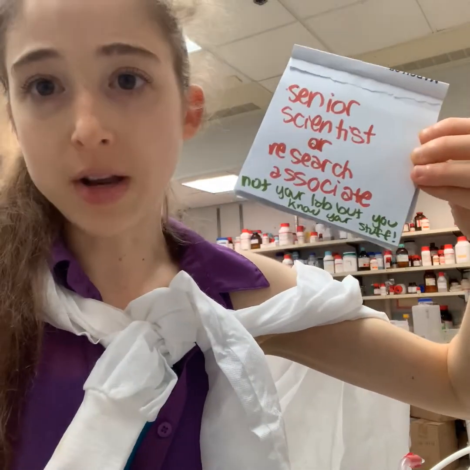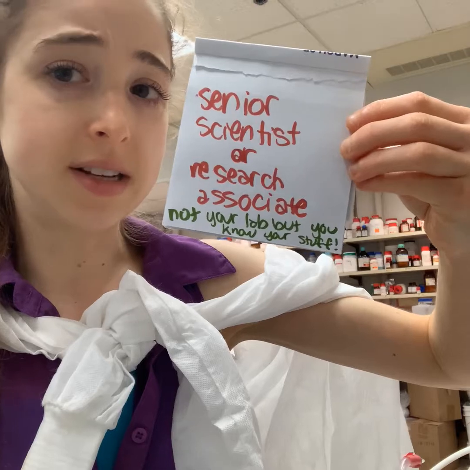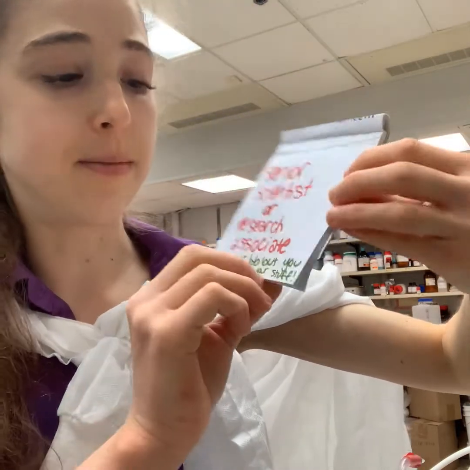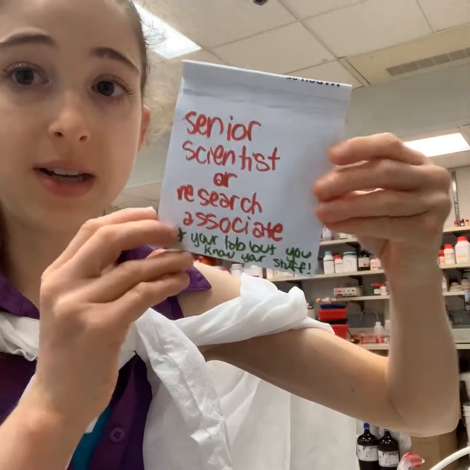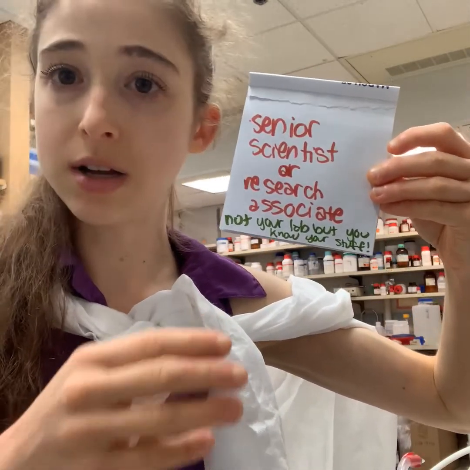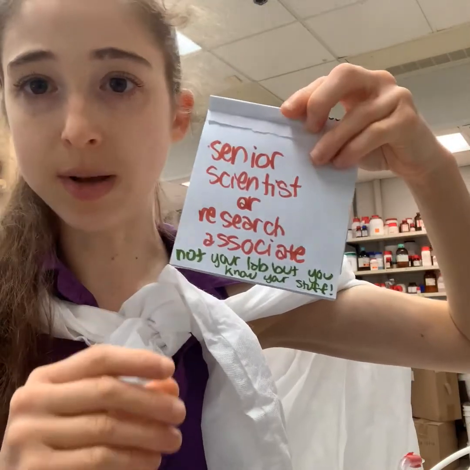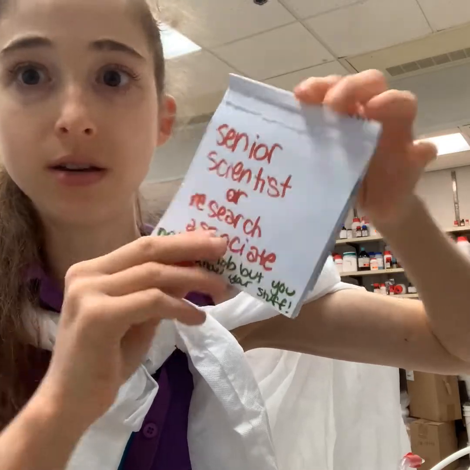Sometimes people get hired in these higher positions as well, with terms like senior scientist or research associate. It's still not their lab, but they have more responsibility, and this is a step above a postdoc in terms of the responsibility, the projects, the expectations and the pay.